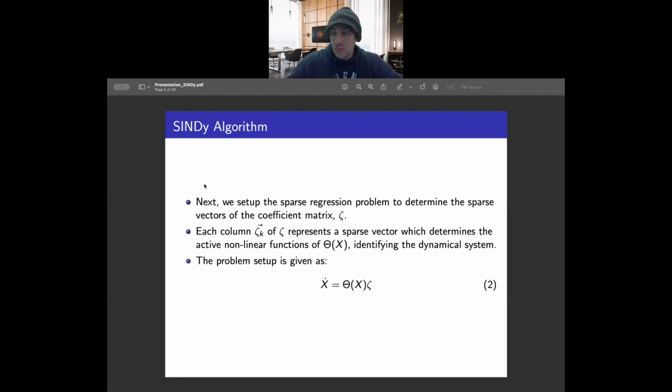Once we have this augmented library, we convert this problem into a regression problem, where we have x dot, which we constructed earlier from the data, then the augmented library, then a matrix of sparse vectors. The function of these sparse vectors is choosing which nonlinear functions I need in order to represent this dynamical system.